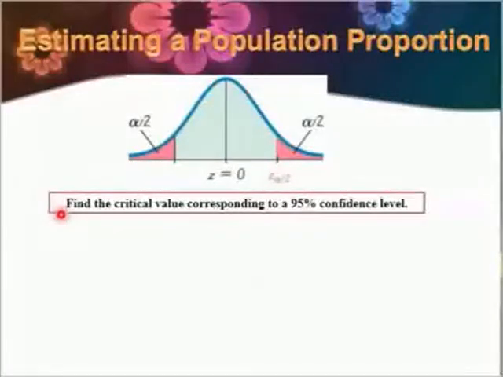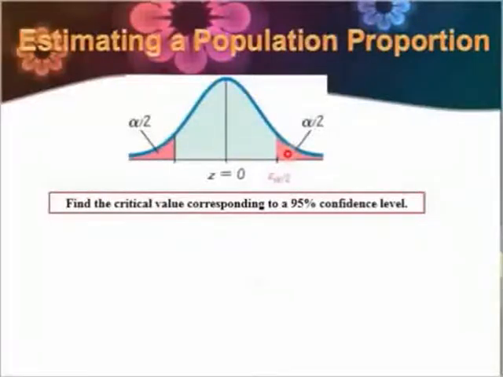Find the critical value corresponding to a 95% confidence level. A 95% confidence level says that 95% under our normal distribution would be between my critical value and its opposite on the far left. So 95% should be in this blue region here, which leaves 5% to be split up between the far ends, the tails of my normal distribution.